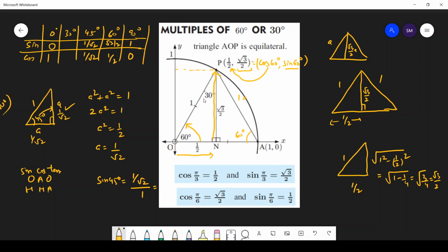Now we have 30 degree also here, students. This angle is 30 degree. So we can find sin 30 degree. So sin 30 is opposite upon hypotenuse. What's the opposite side here? Opposite is 1 by 2. What is the hypotenuse? 1. So sin 30 will be equal to 1 by 2.